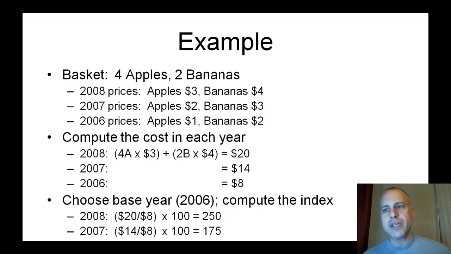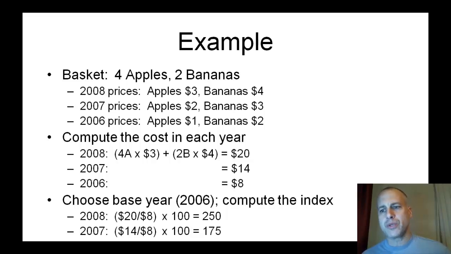So if we look at 2008 and see that apples cost $3 and bananas cost $4, in 2007 those same prices were 2 and 3, and in 2006 those prices were 1 and 2, can we compute the index for each of those years? In 2008, our basket of 4 apples and 2 bananas costs $20. In 2007, that same basket costs $14, and in 2006, that basket costs $8.